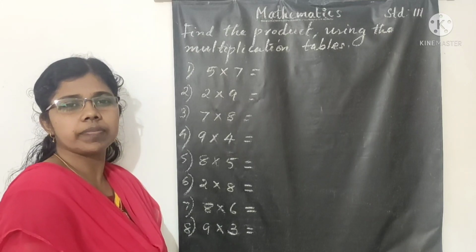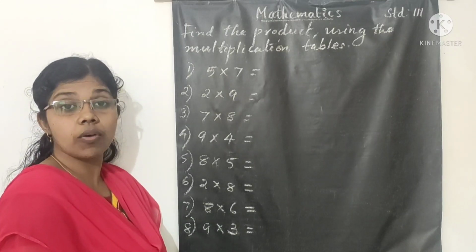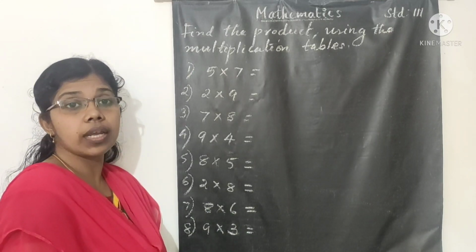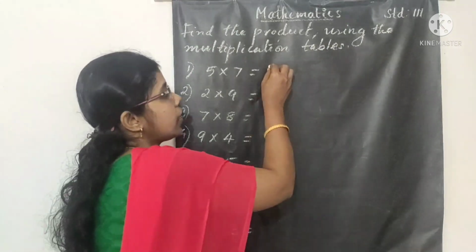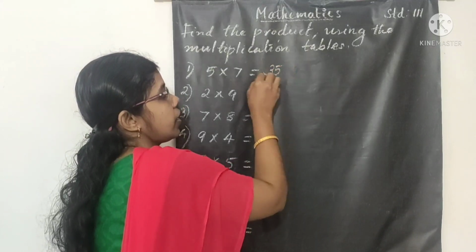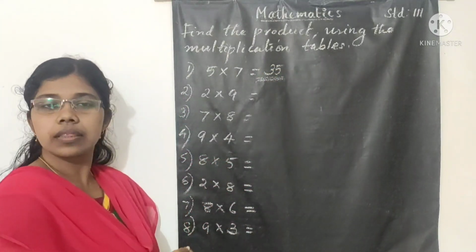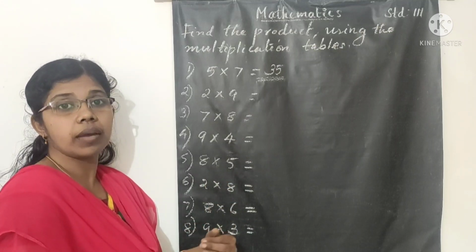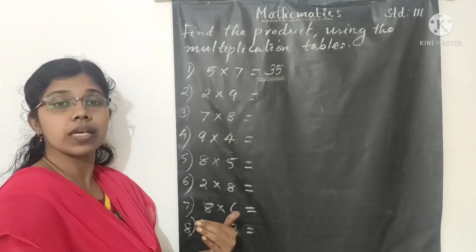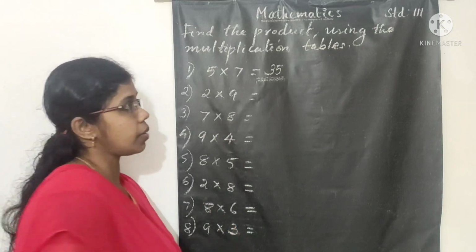As 5 sevens are 35. How can we get this answer? Using our multiplication table.